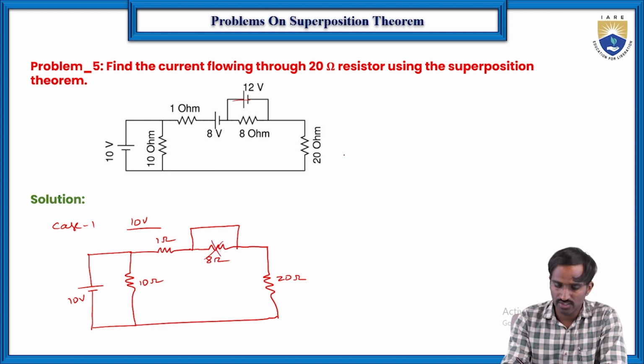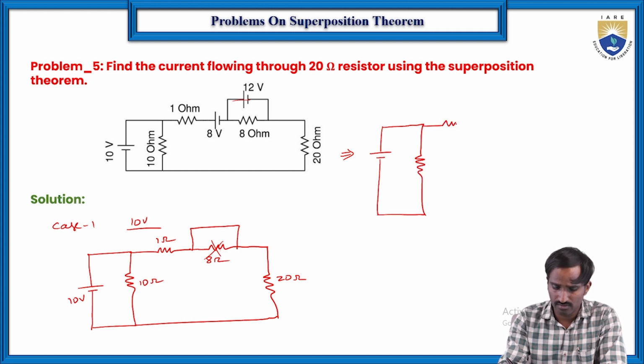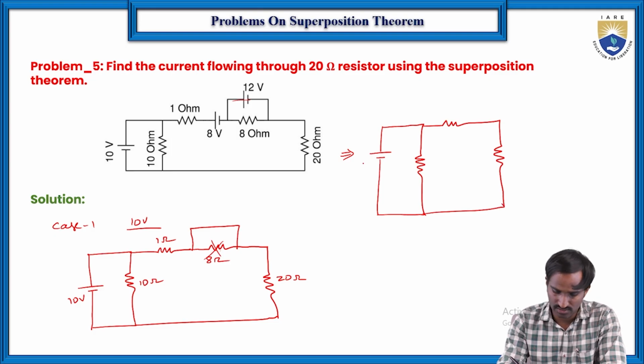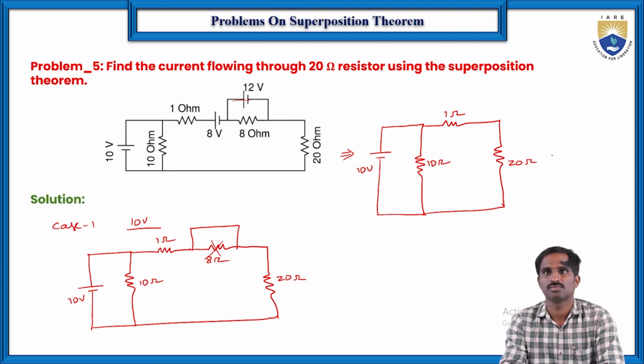Then the equivalent circuit will have only these things: 10, and here again one more 10, and 1, and 20. Only these are the things that we are having. So here it is 10 ohms, and here it is 1 ohm, and here it is 20 ohms, right?